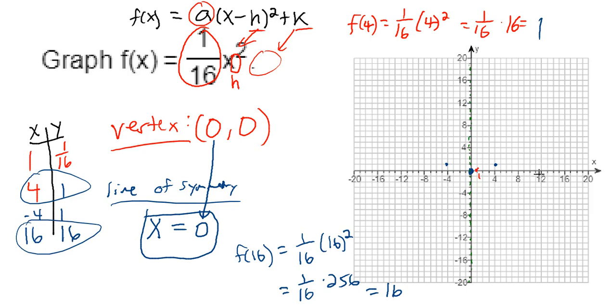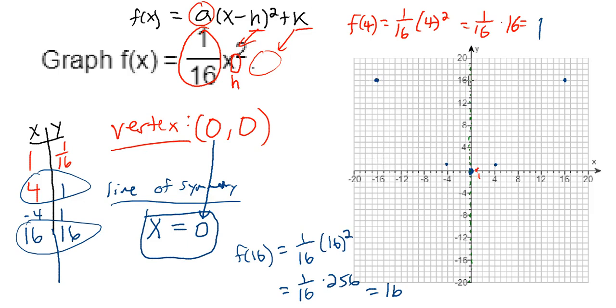Again, the numbers work out to be nice whole numbers so that we can plot this point on Math Excel as well if we needed to. It's kind of hard to line it up. So there's 16 comma 16. The symmetry tells me that I should have a mirror image point the same distance away on the left-hand side of the vertical line here, the axis of symmetry. So at negative 16 comma 16, I should find another point there.